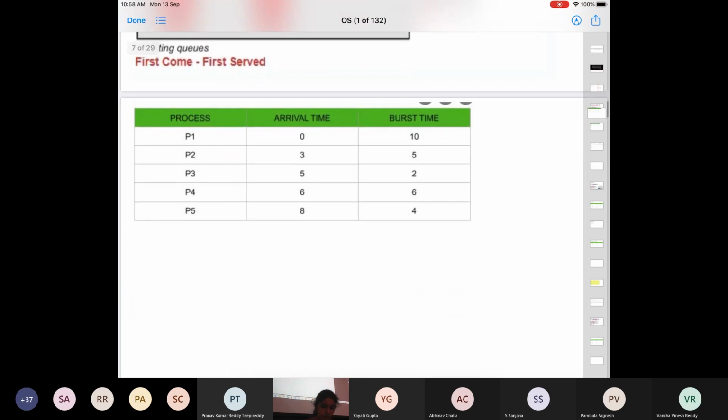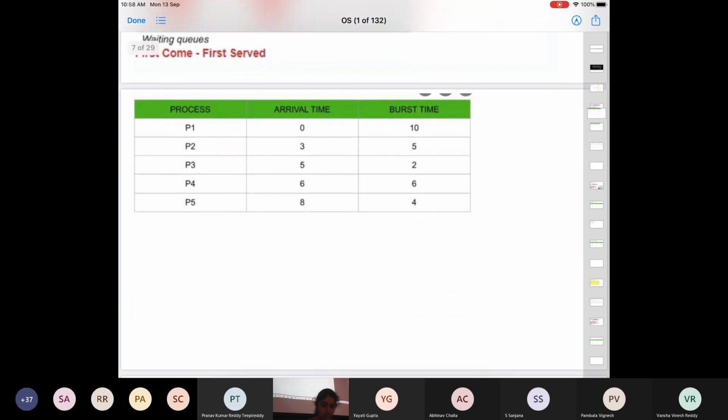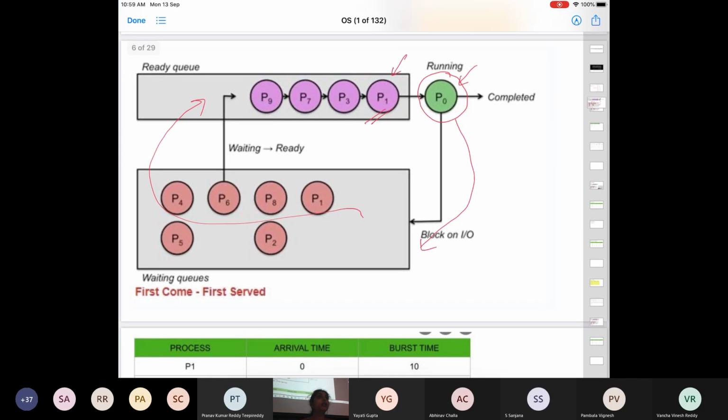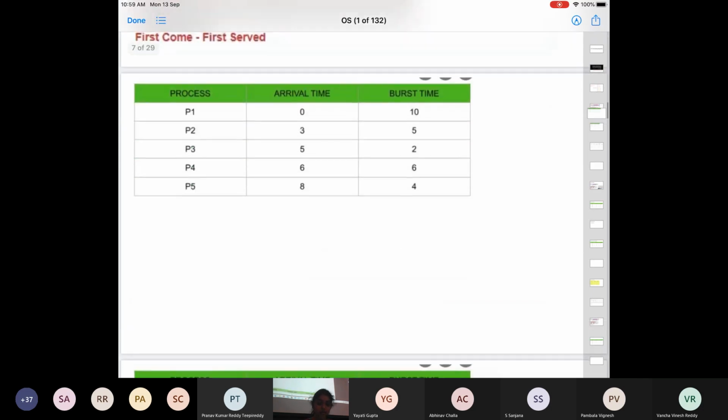So let's take a look at a very simple scenario here. When you look at this scenario, I want you to keep one thing in mind. Whenever any scheduling policy is to be implemented, we actually do not know all these parameters. As you see in this diagram, it's just what I would say a higher view of what is happening in the system. So you in advance will not know all this which is listed here.